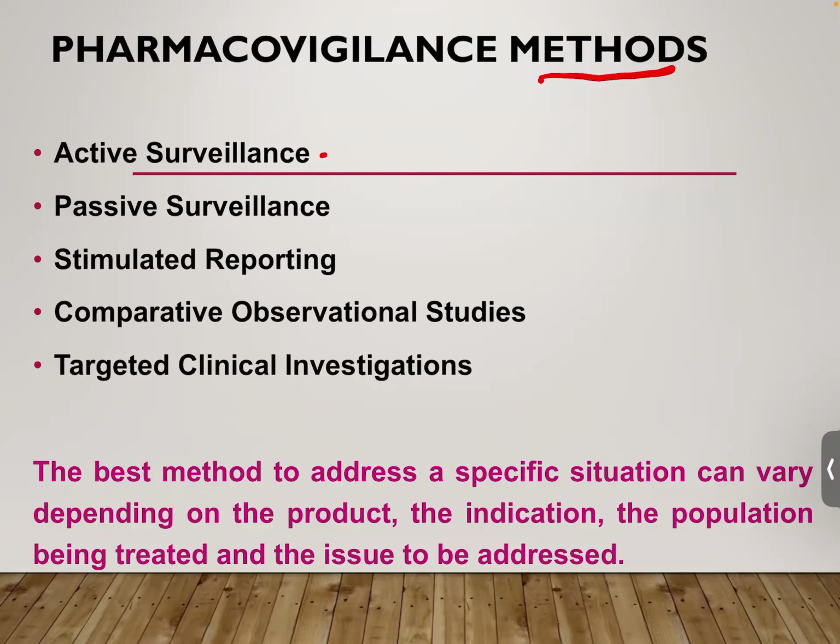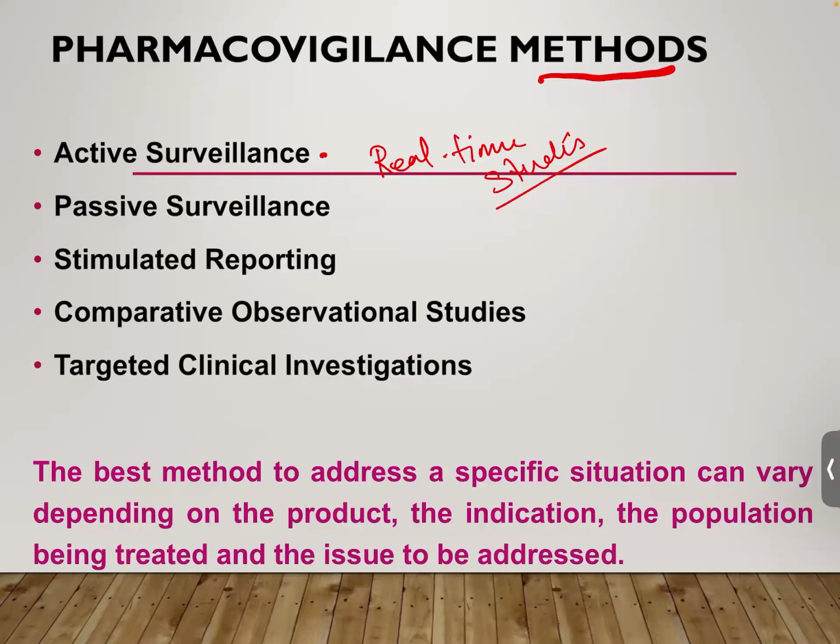So, pharmacovigilance methods. There is active surveillance, which means the pharma company sets up a system, maybe designing real-time studies. Passive surveillance: a nurse or doctor automatically notices an adverse event or a beneficial effect of a drug and reports it. Stimulated reporting: again, some system is set up and we are pushing it.